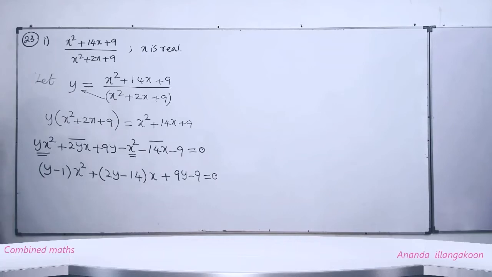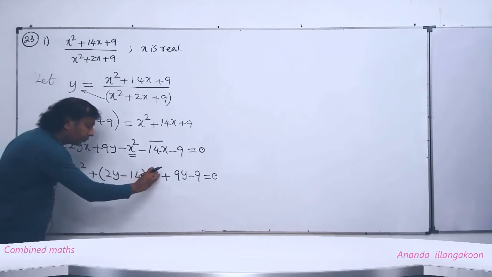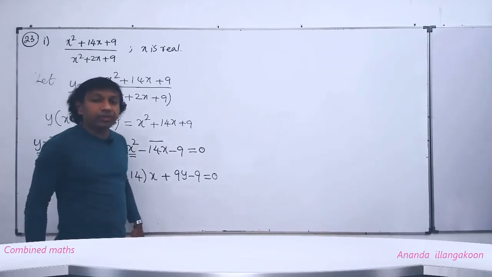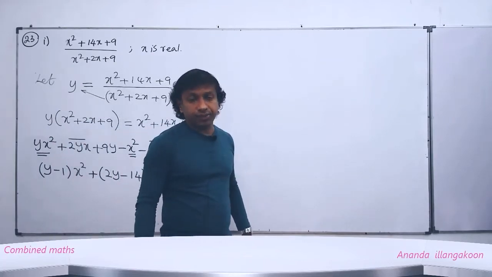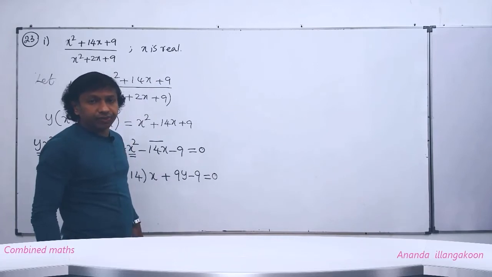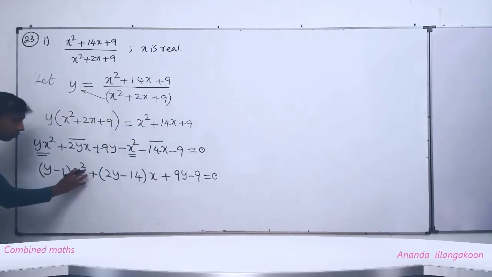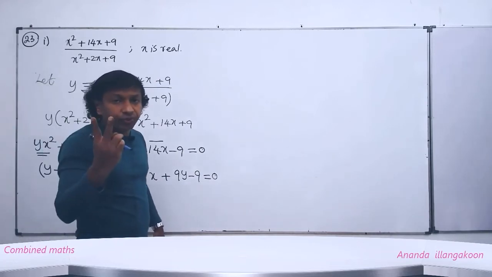Now, when you very carefully look at this equation, you can see we have an x squared term and an x term. That means this equation is a quadratic equation in x. By solving this quadratic equation, we can get two answers for x.